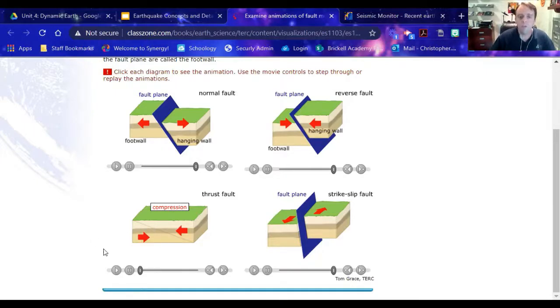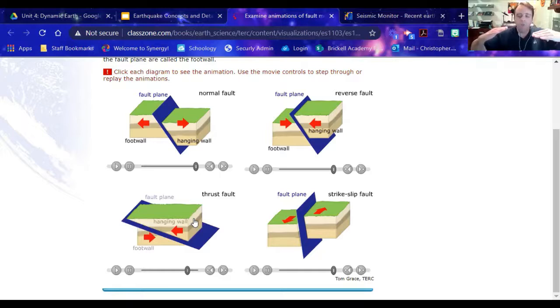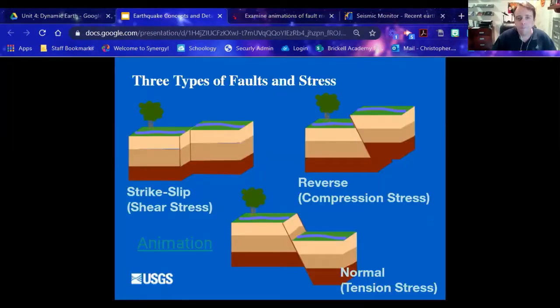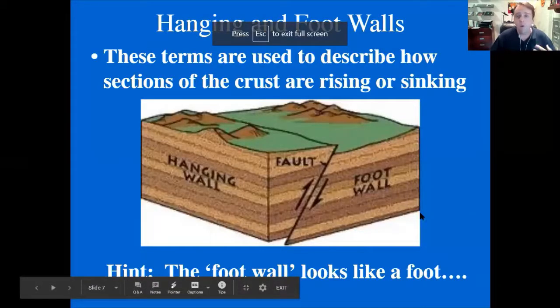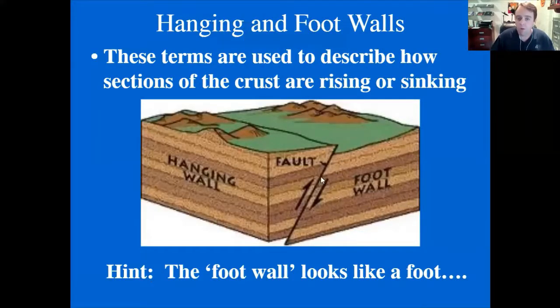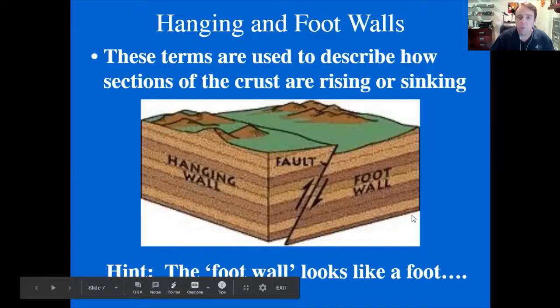Same thing with a compression fault, just a little bit more extreme. So footwall down here at the bottom, the hanging wall moves up relative to the footwall. So again, hanging wall, footwall. So here's the footwall shaped like a foot, toes, heel.